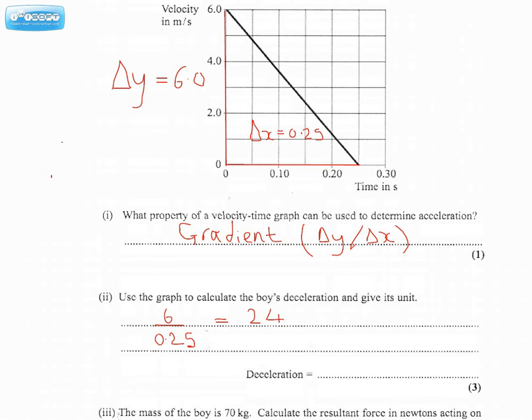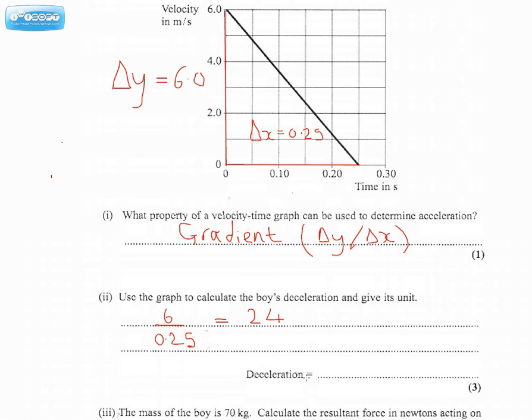As we said in part 1 of this question, the gradient of a velocity time graph gives us the acceleration, and therefore if we have a gradient of 24, that means that the acceleration, or in this case the deceleration, as we see the graph has a negative gradient, the person is going from 6 meters per second to 0, so they must be decelerating or going slower. We have a gradient of 24, and that is equal to our deceleration.